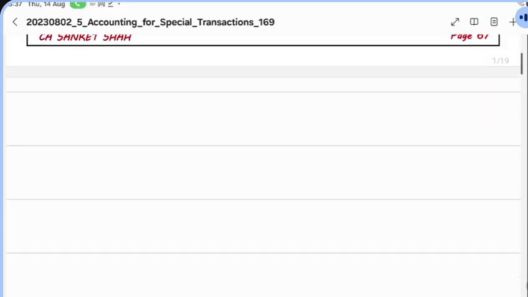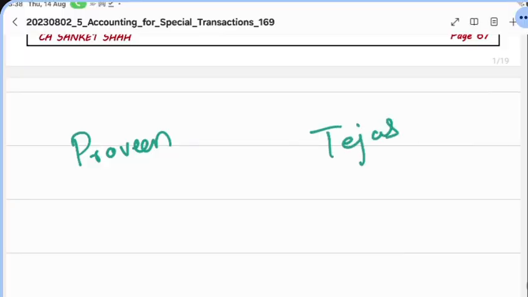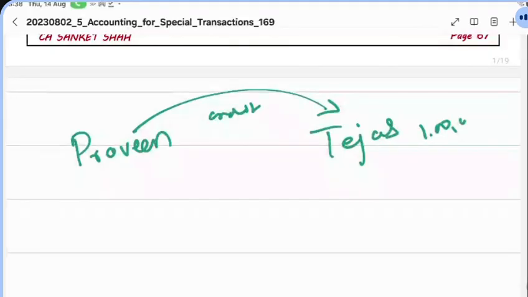Who all are the parties? Now, as we took the example of me and Tejas, here there is a person called Praveen, and there is another person called Tejas. Praveen has sold goods on credit to Tejas worth rupees 1 lakh.